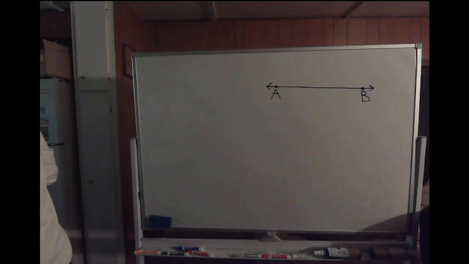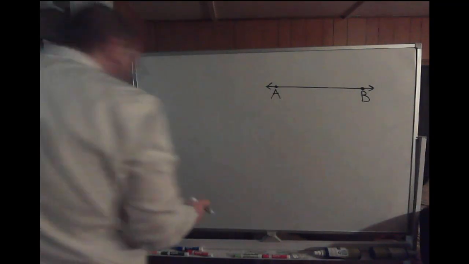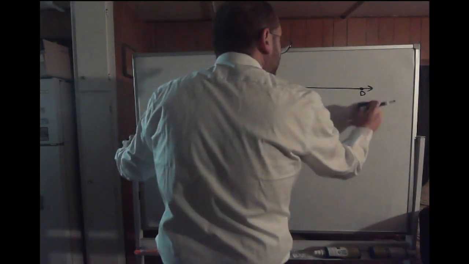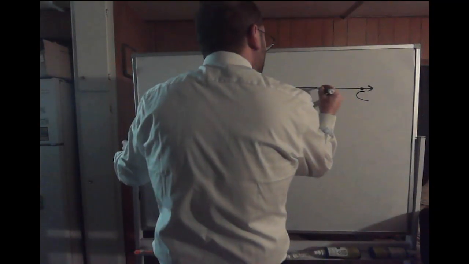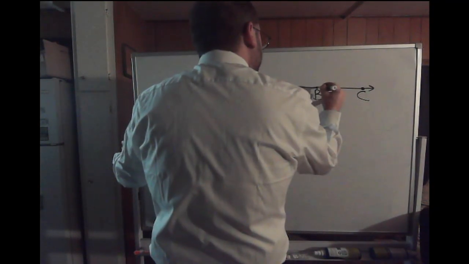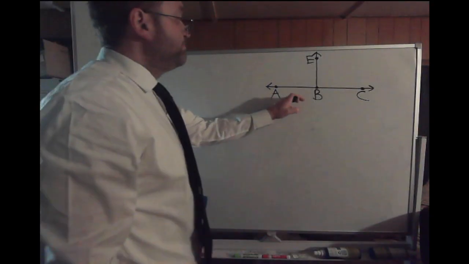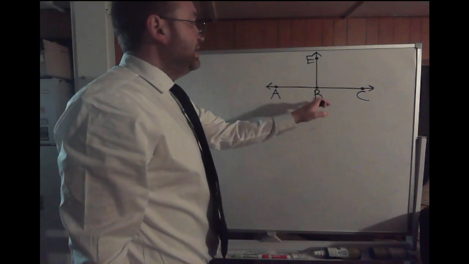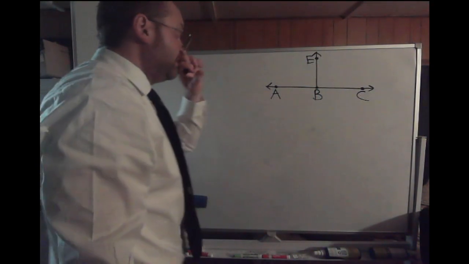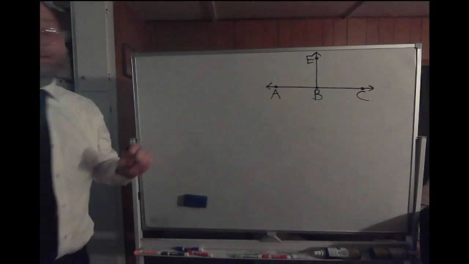Okay, I have line AB. Wait, that's not correct. It should be point C, not... Excuse me a minute. Alright, that's B here. So far, I have line AC with ray BE perpendicular to line AC.